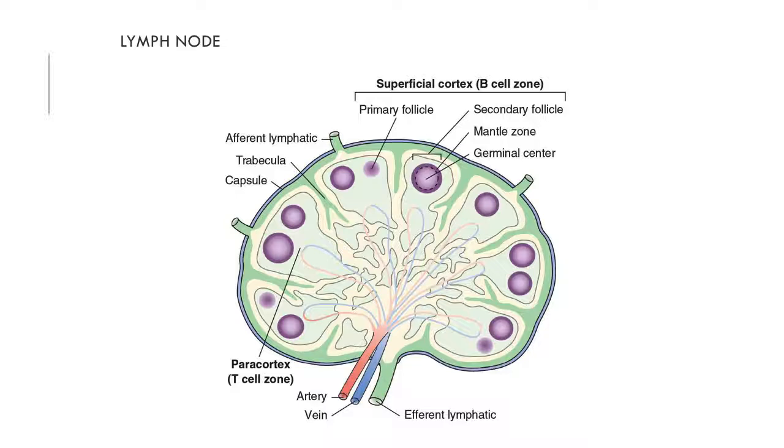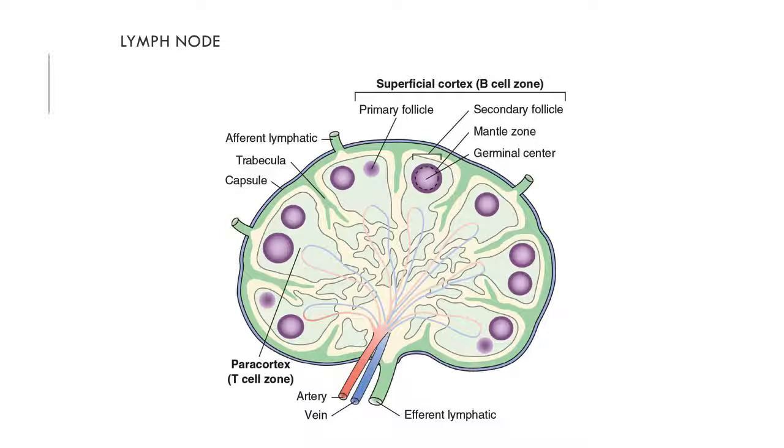The mantle zone is where the small layer of B cells surround the germinal centers. The cortex around the follicles is called the paracortex. In that paracortex is the area that contains most of the T cells in the lymph nodes.